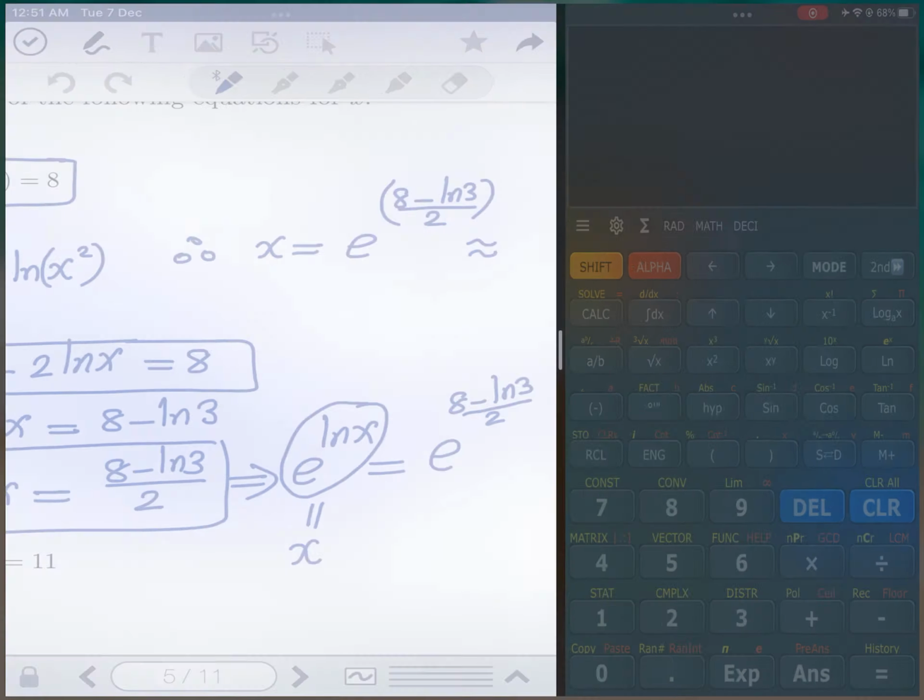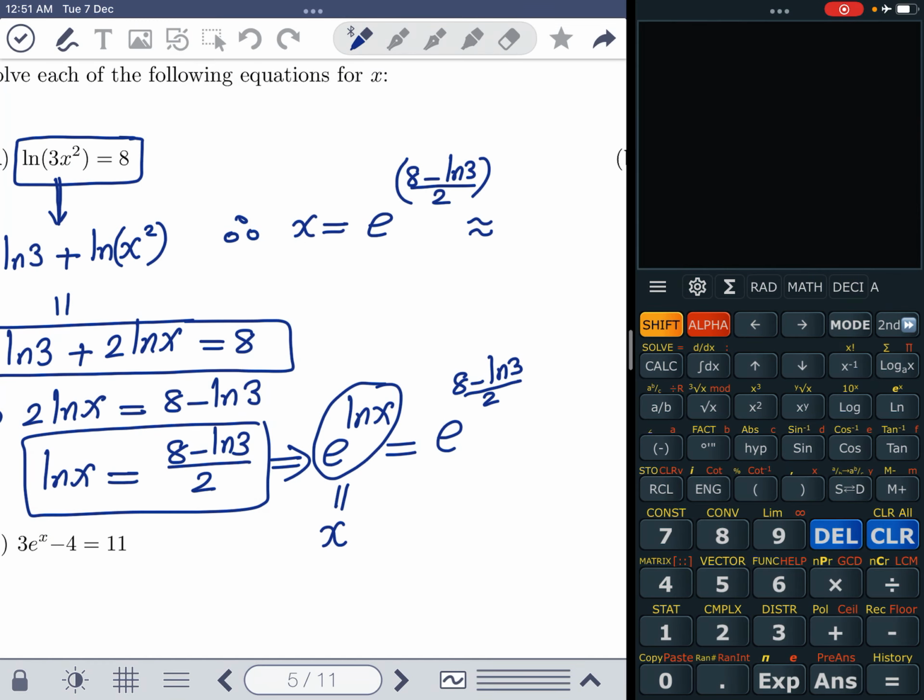So it is e to the power of the fraction 8 minus ln 3 over 2, equals about 31.52.